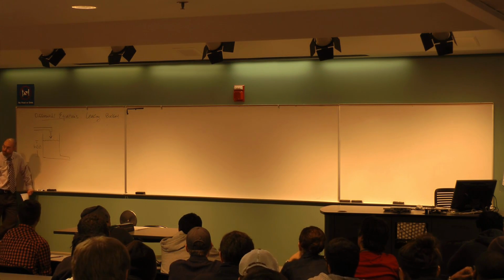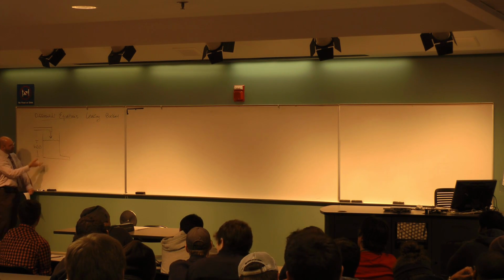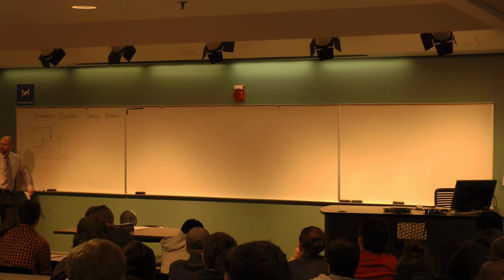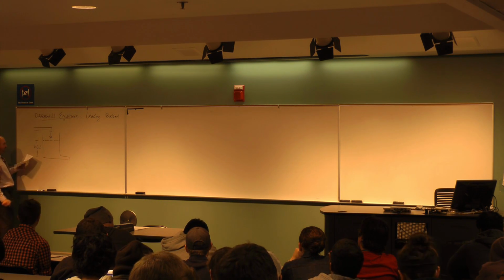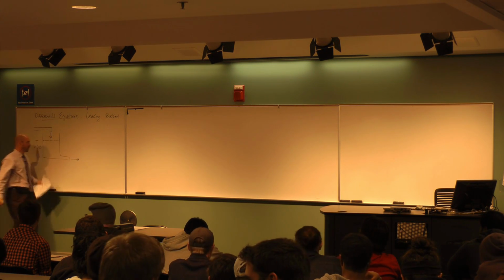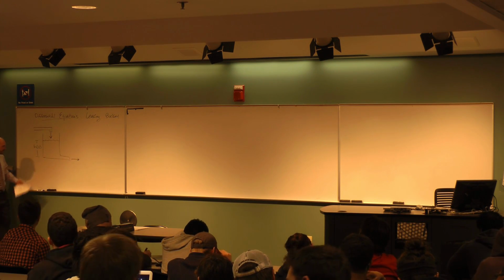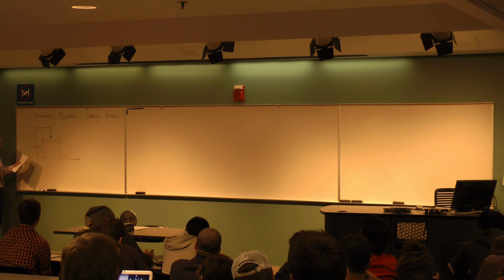The bucket could be empty, so the initial height of the fluid is 0. Right? Or I could start with a bucket that's full like you guys did in lab, and I could actually have fluid leaking out. So we got two things going on. Fluid coming in, okay, and fluid going out the nozzle here at the bottom. Okay, and so I've got some exit valve or something there.